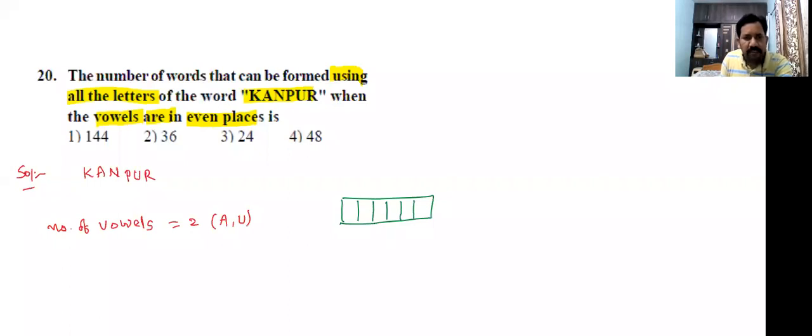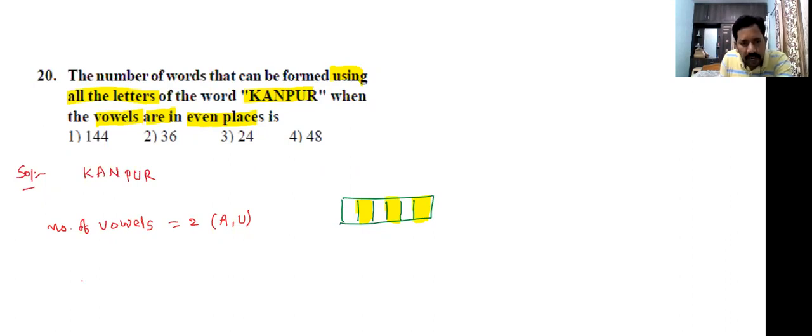Here they are saying even places. Second place, fourth place and sixth place should be even places. Three places are there, but we have only two vowels.